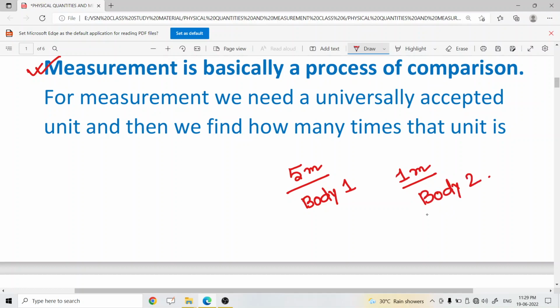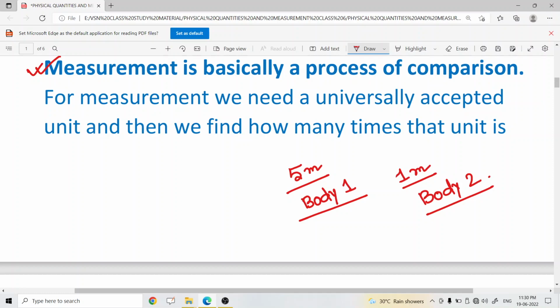If we compare the two bodies, then we can say that the length of the second body is 1/5 of the first body, or we can say that the length of body 1 is 5 times the length of body 2.